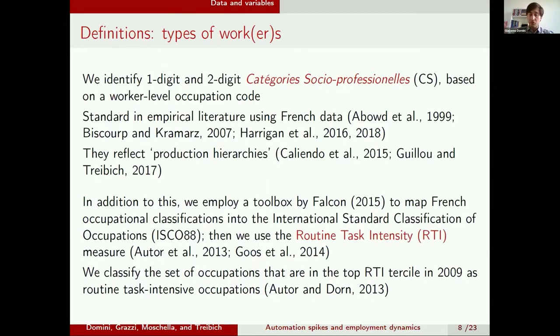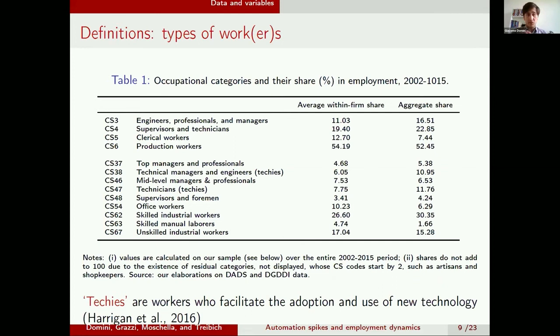Regarding types of workers, so composition of the workforce, the main variable we rely on is a worker-level occupation code known as catégorie socio-professionnelle. It's a French categorization. It's standard in the empirical literature using French data, and it reflects production hierarchies. To be clear about this, as you can see at the 1-digit level, we have these 4 layers, with engineers and managers on top, then all the way down to production workers.